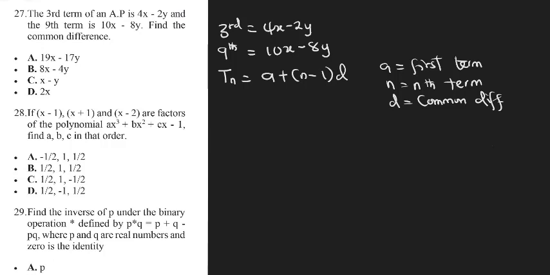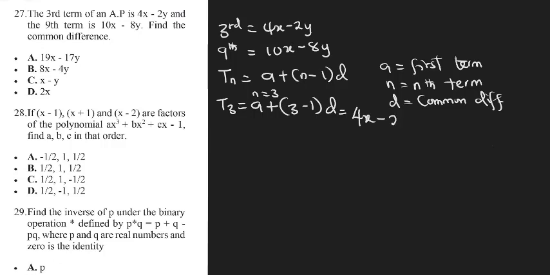So from the question, let's substitute that the third term is equal to 4x minus 2y. So T3 is equal to a plus (n minus 1)d, where n will be equal to 3. So 3 minus 1, and that is now equal to 4x minus 2y.